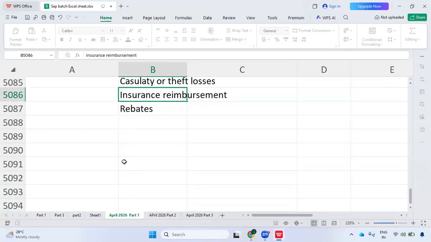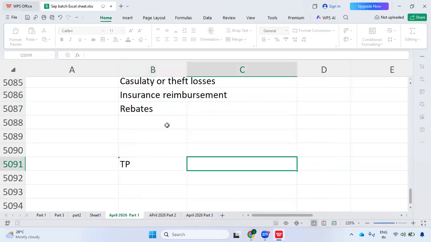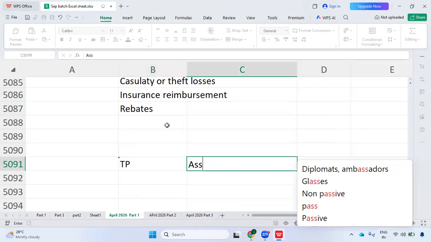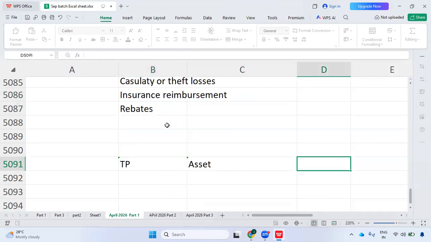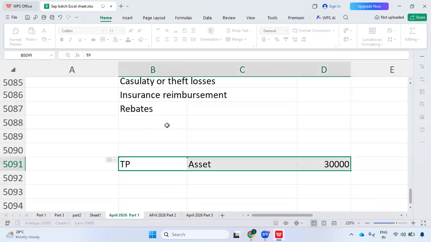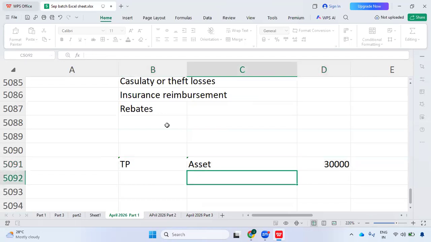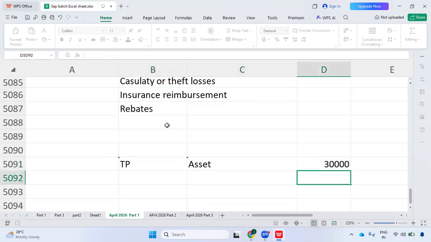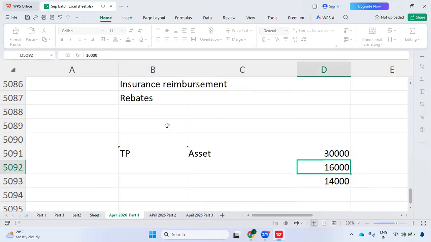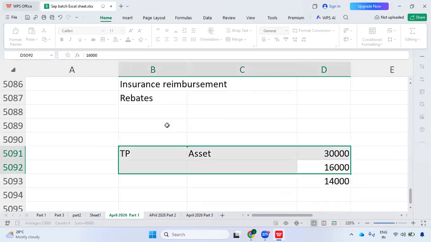Let's say a taxpayer has an asset valued around $30,000, and because of natural calamities the asset is destroyed to some extent and the insurance company pays around $16,000. In this case, the new basis will be 30 minus 16, because the insurance company has reimbursed, so the amount will reduce the basis.